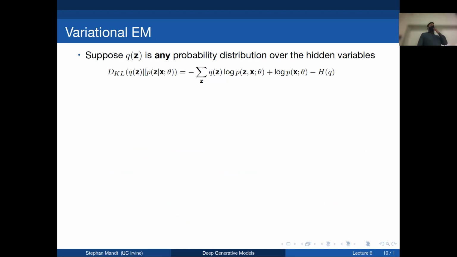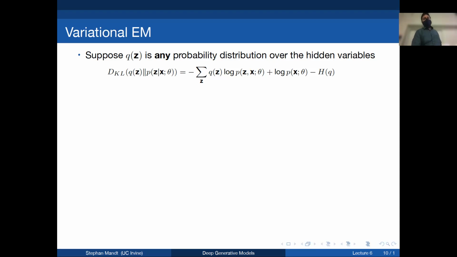We then talked about this training algorithm called variational expectation maximization that still allowed us to train a probabilistic model in the presence of these latent variables Z. That drew heavily on this evidence lower bound and on the KL divergence.